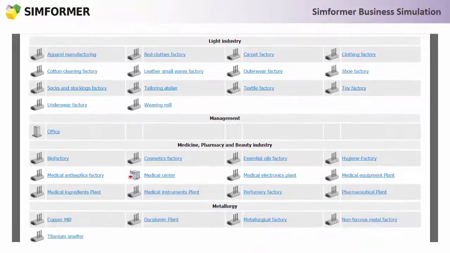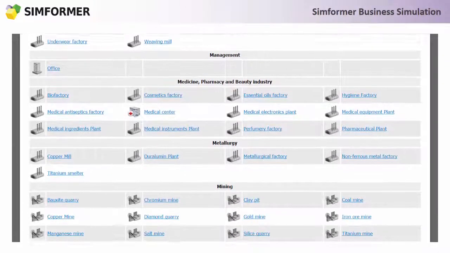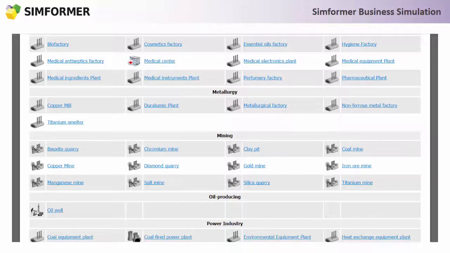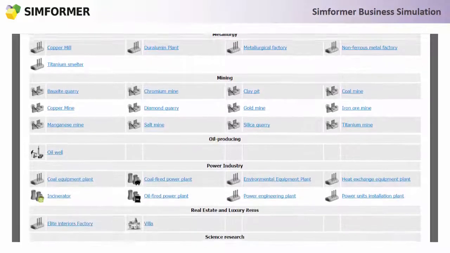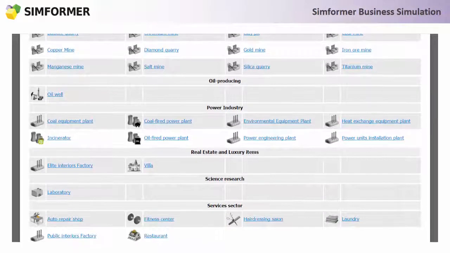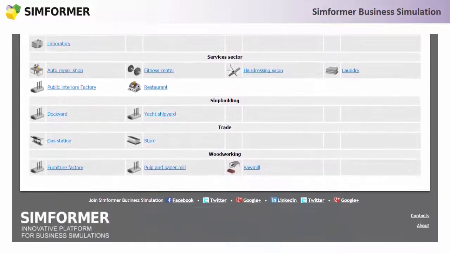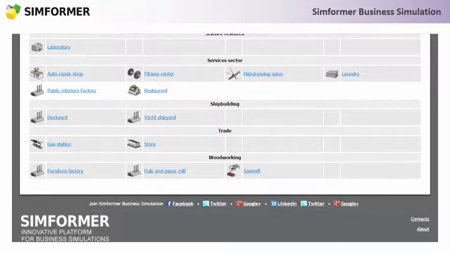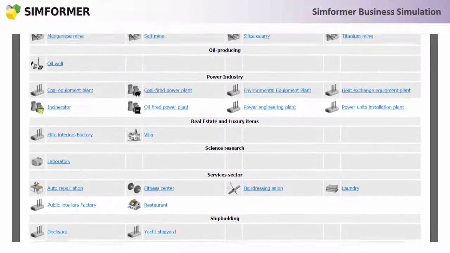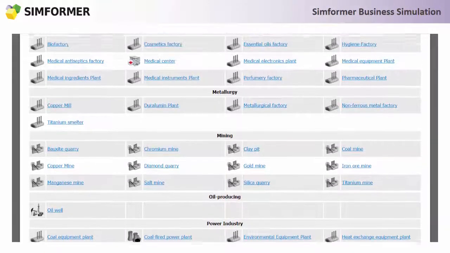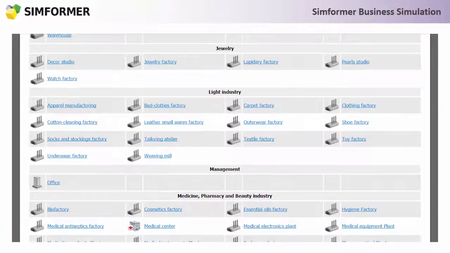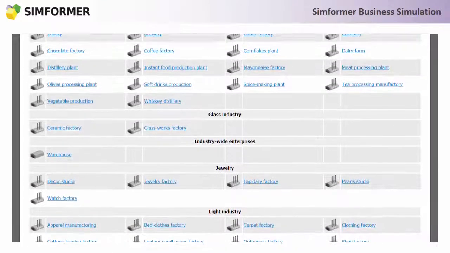The third type of units, sales and logistics, so this is covering stores and warehouses. Then we have service sector. The fifth group is R&D, so it's research and development, or in short, laboratories and what you can do within them. And the last but not least is the administrative business unit, or in other words, offices.